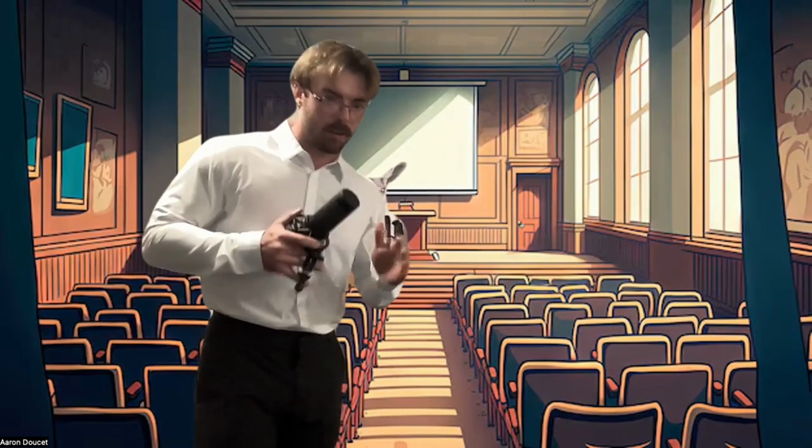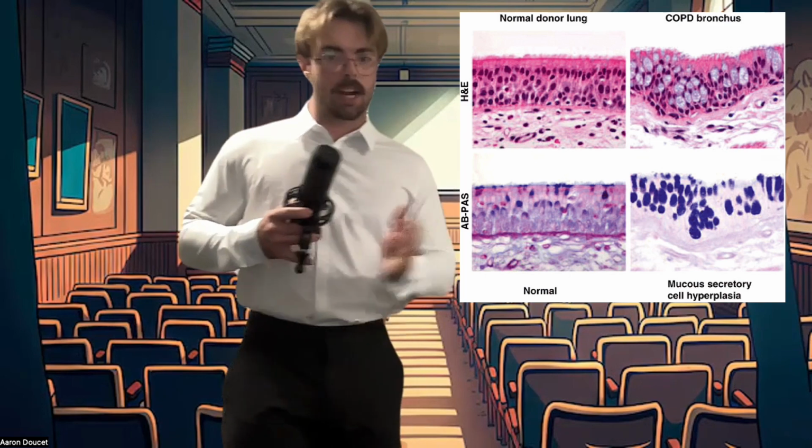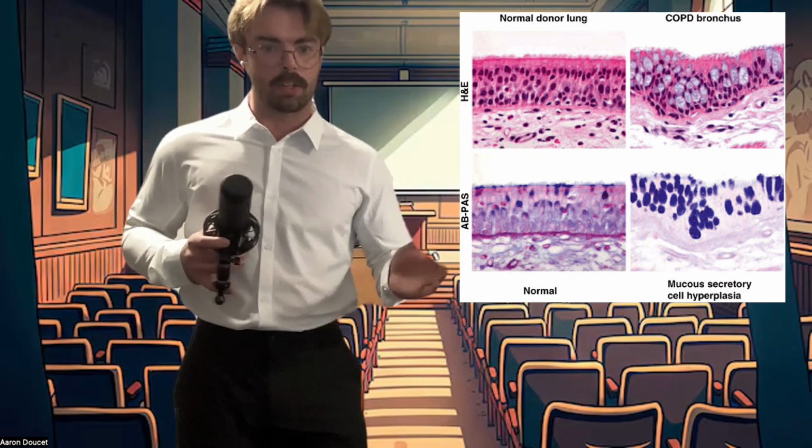And then our overactive goblet cells that we've been talking about hinder the function of the cilia inside of our airway tract. These tiny little hair-like structures are meant to clean out our airways and get rid of that mucus.